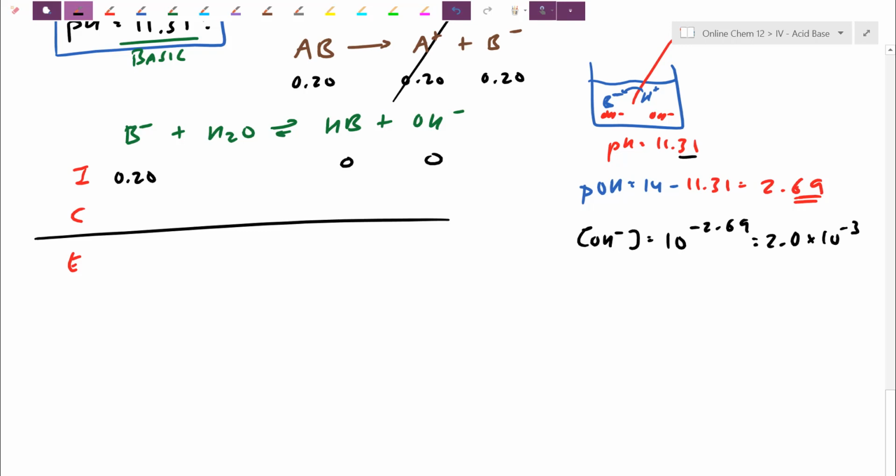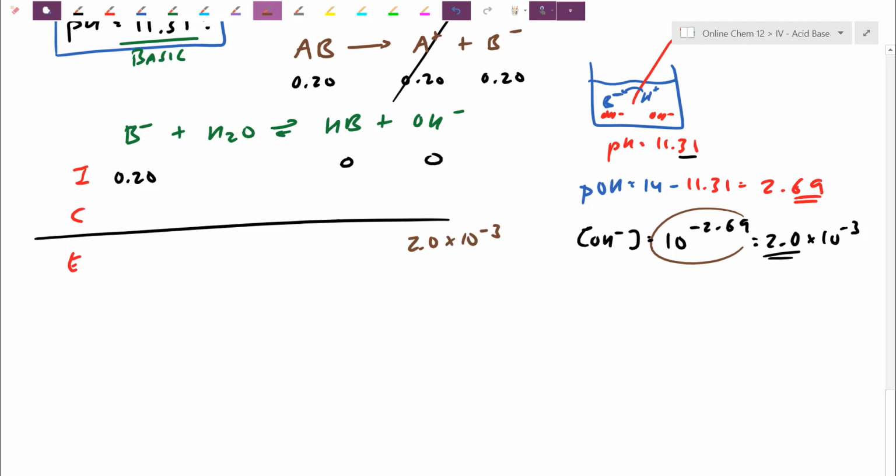When you get it back into regular scientific notation, the significant digits are the base numbers. Some people do prefer just writing the hydroxide concentration as anti-log of negative 2.69. If that confuses you, you can just sub in the value instead. When I crunch through the numbers, that's 2.0 times 10 to the negative 3, 0.002.